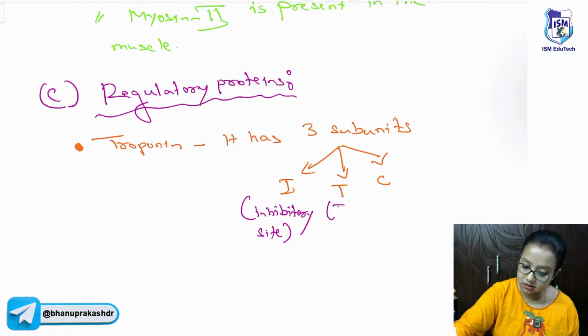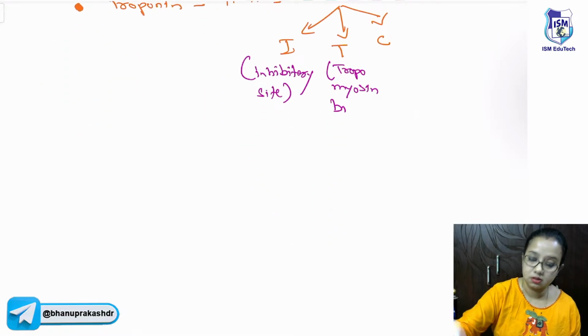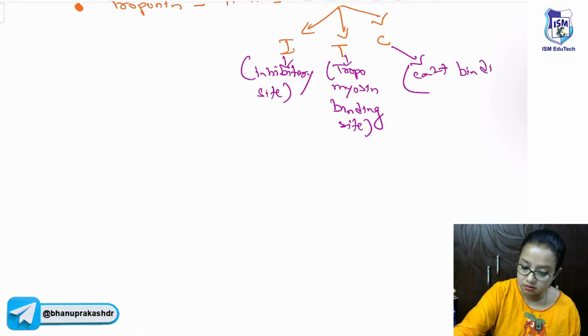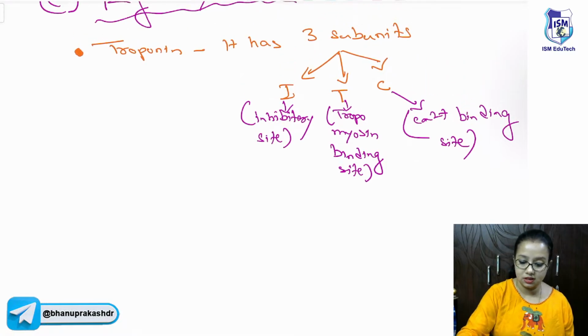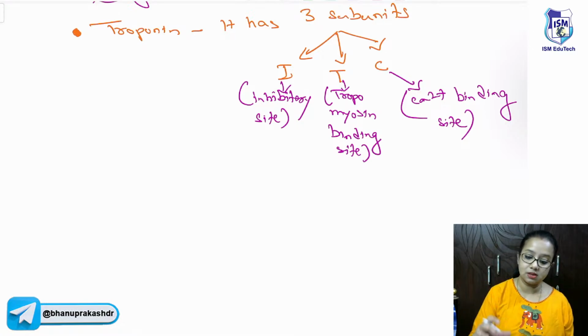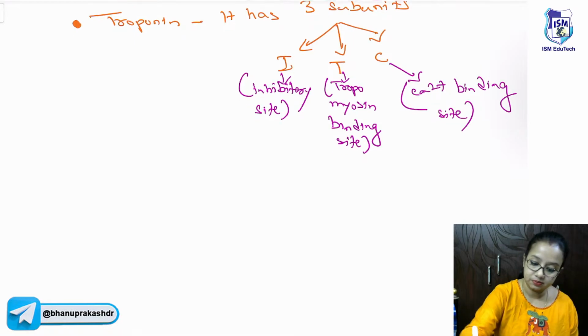T is the tropomyosin binding site, and C is the calcium binding site. Okay, these are the three units. This troponin I subunit covers the binding site on the actin where the myosin should bind. T binds to the tropomyosin, and the C subunit is the site where the calcium will bind.